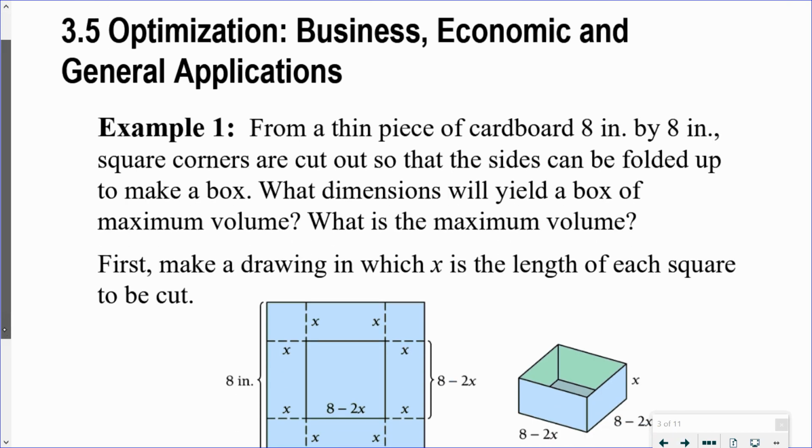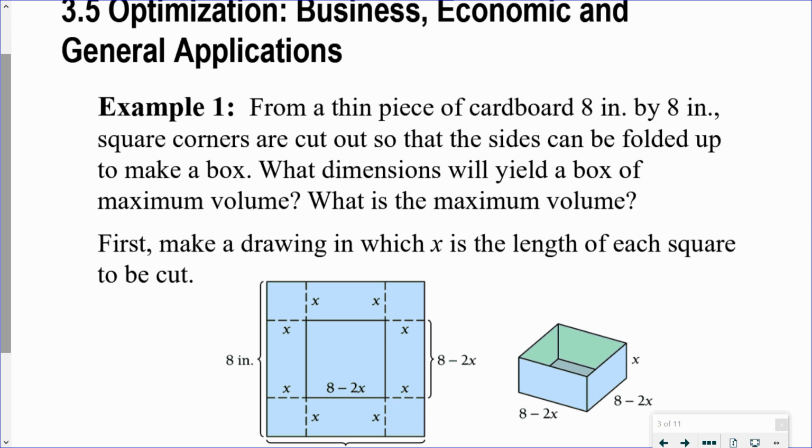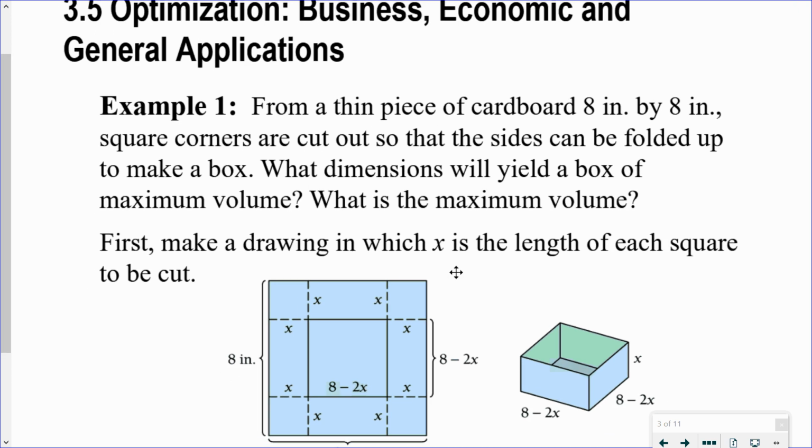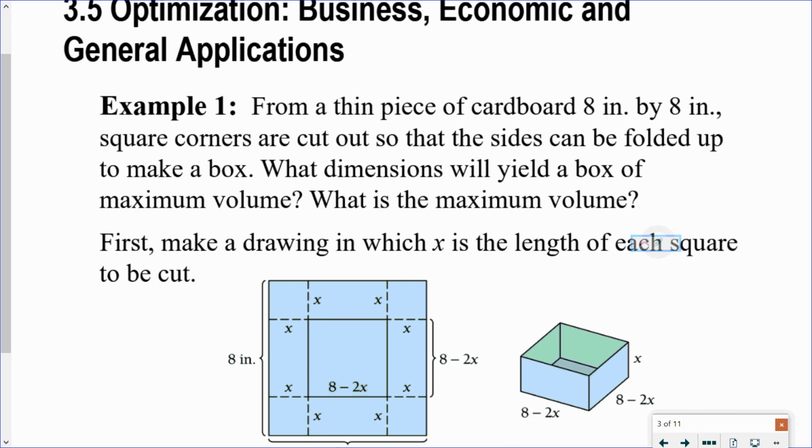We have a thin piece of cardboard. It is 8 inches by 8 inches, and we are cutting out square corners here. That's what makes it fold up nicely.